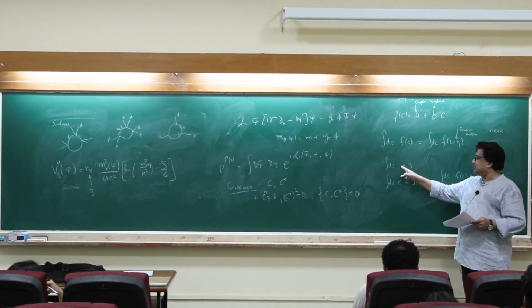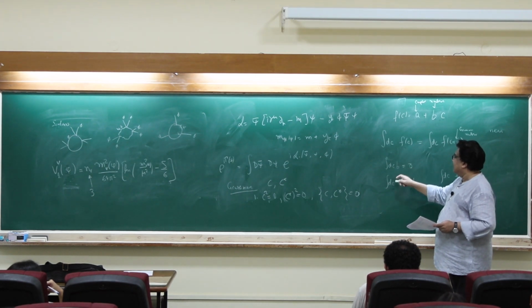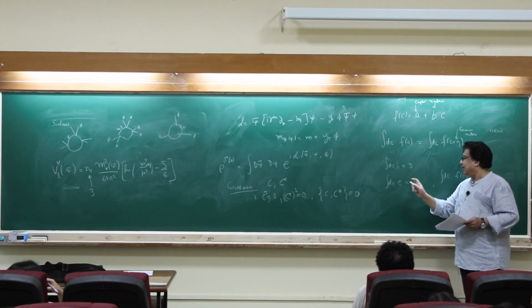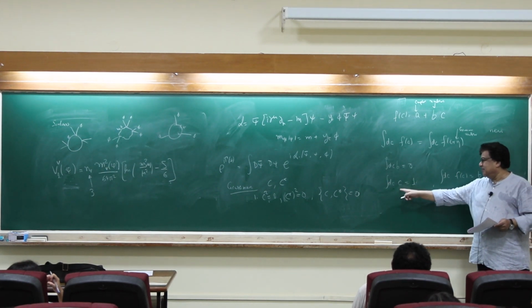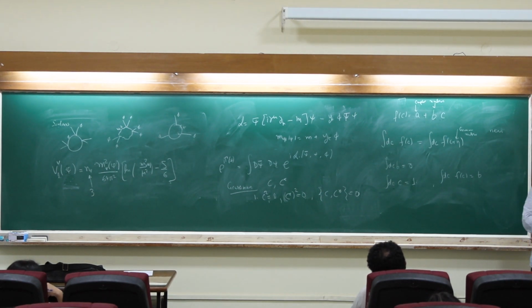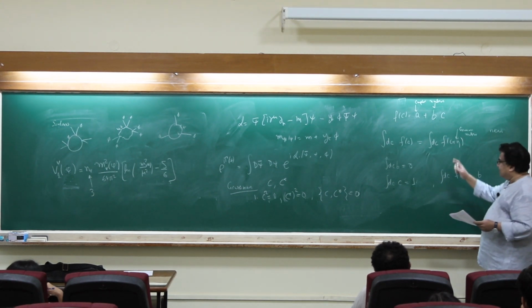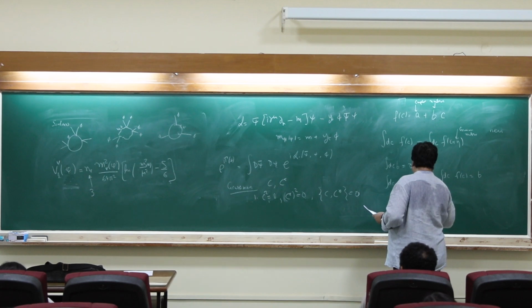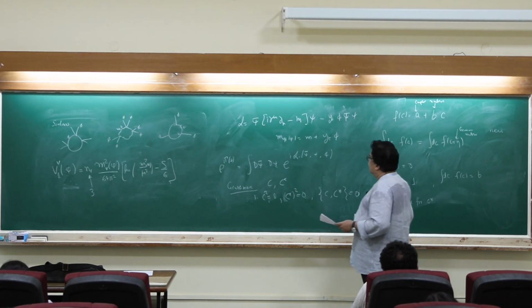The integral of a constant, so let us say this was B, some other thing, the derivative of a constant is 0 and the derivative of C is 1. So derivative and integral do the same thing in this. Okay. And same rule for C star. Okay. So now we are done.